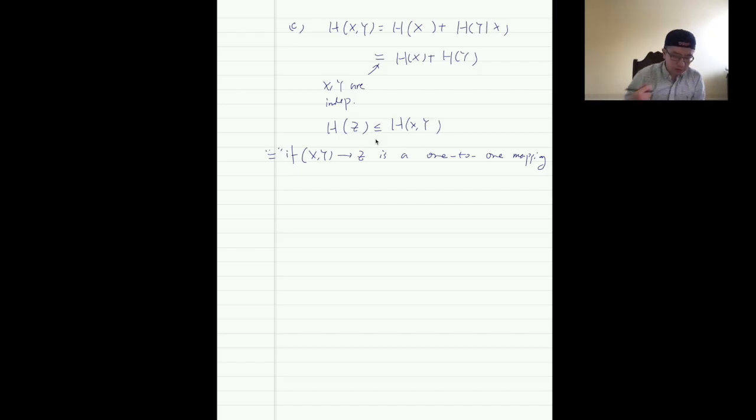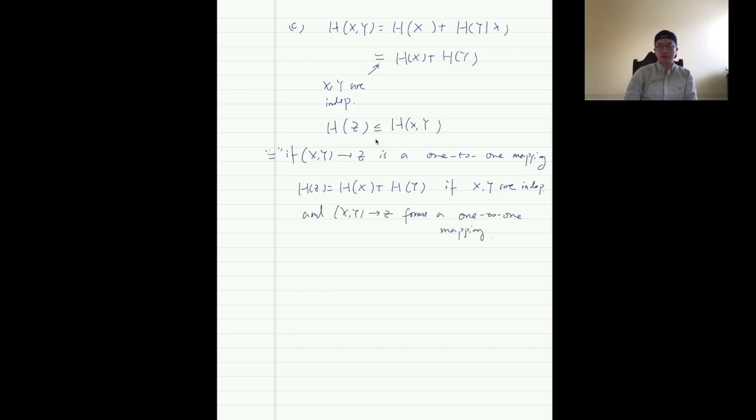Therefore, overall, in order to make H(Z) equal to H(X) plus H(Y), X and Y are independent and (X,Y) to Z forms a one-to-one mapping. Those are the conditions.